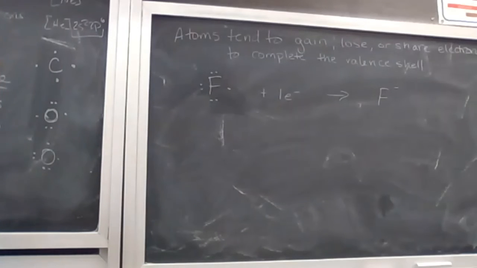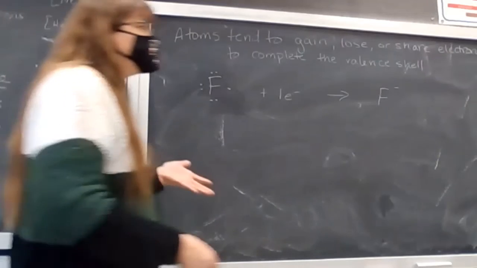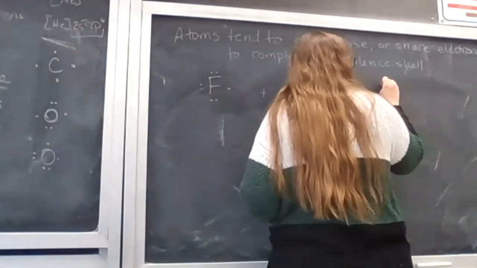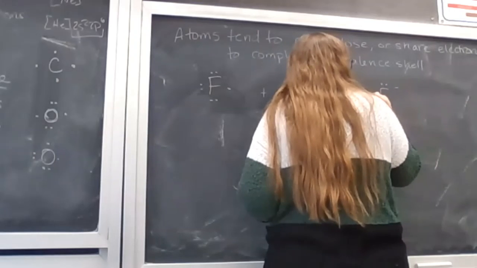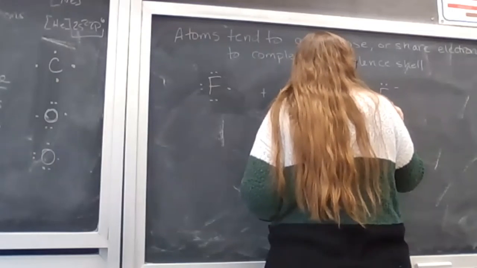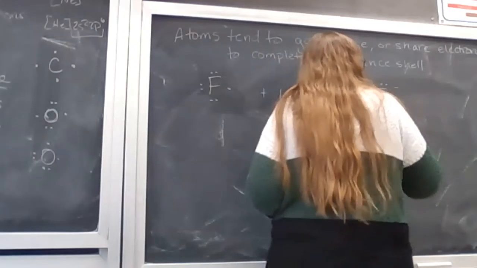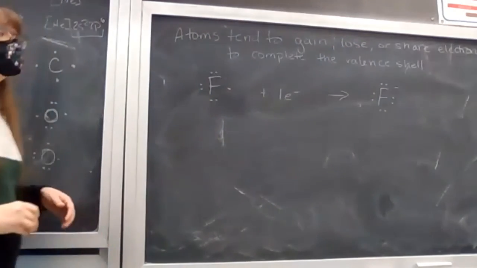You can also put 1 minus or -1. But to properly show the dot structure, we need to show all of the electrons. And so the proper dot structure for the anion would look like this. Okay?